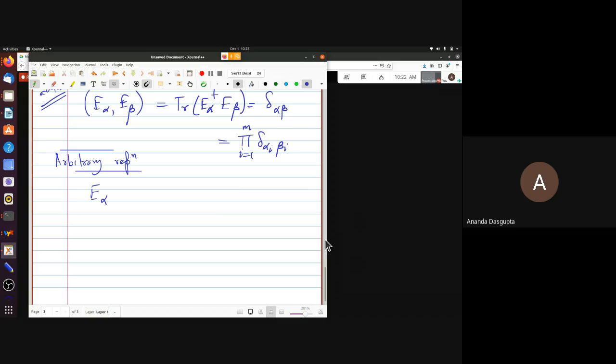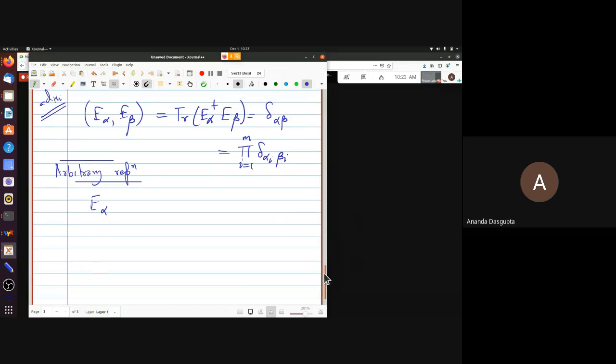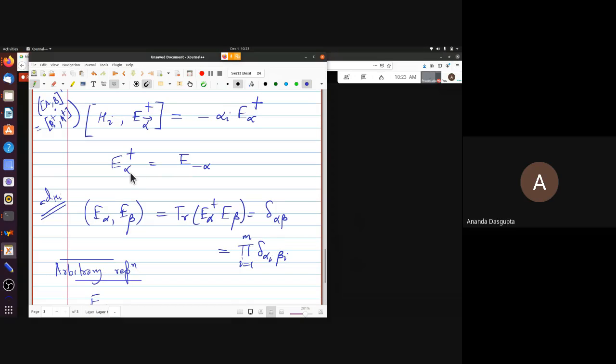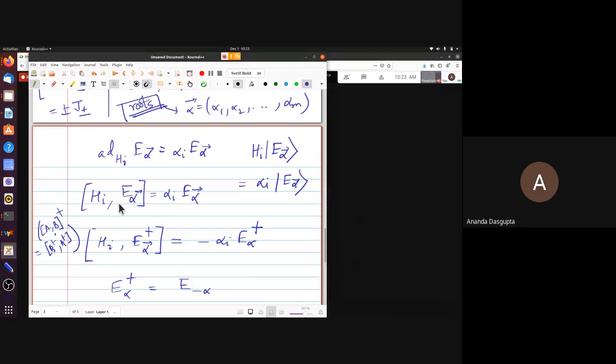All the generators corresponding to HIs will commute, but those are the ad HIs. So they will have simultaneous eigenvectors, and these simultaneous eigenvectors in this case will also be elements of the Lie algebra, and the simultaneous eigenvector property essentially becomes this commutator property.